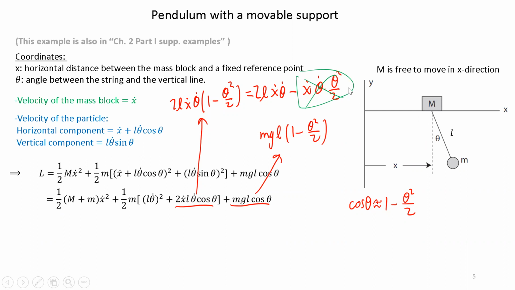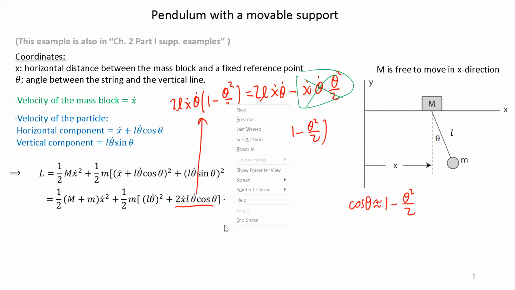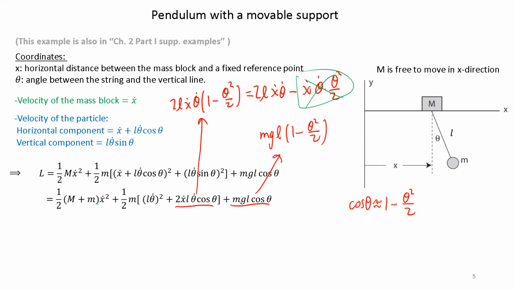So if you see this term, that means I have this small number multiplied 4 times, and this would of course be much smaller than this term. This is x dot theta dot, just a 2nd order term, so I keep this. You can see here, this is a 2nd order term because it is x dot times x dot. And theta dot times theta dot.